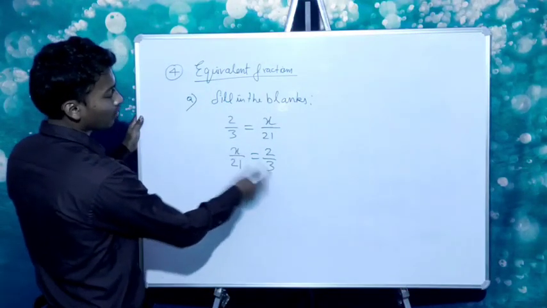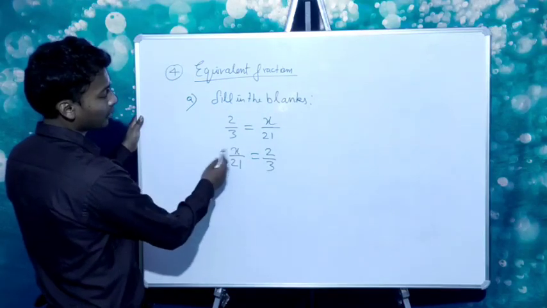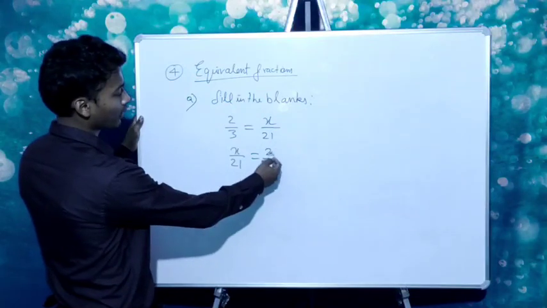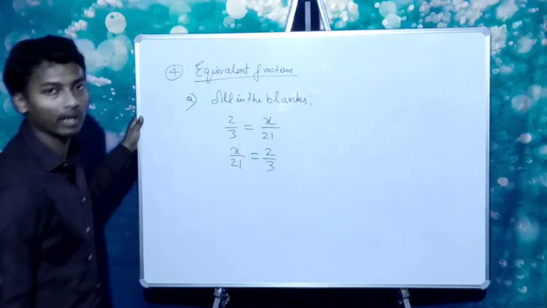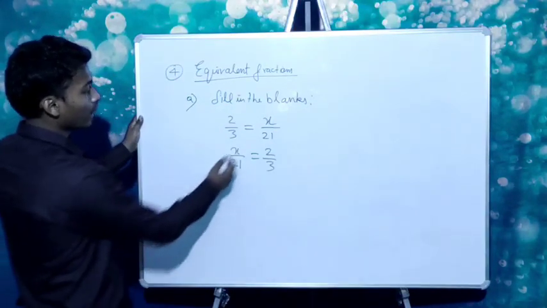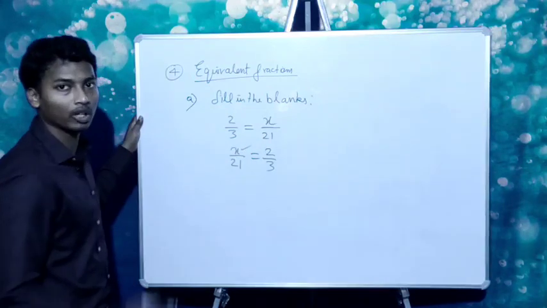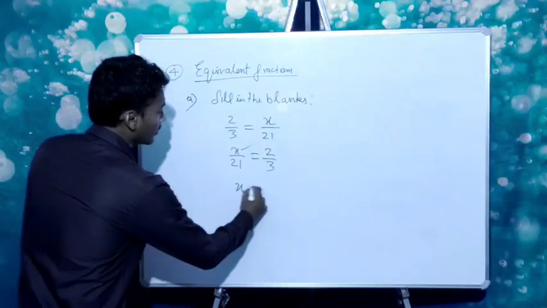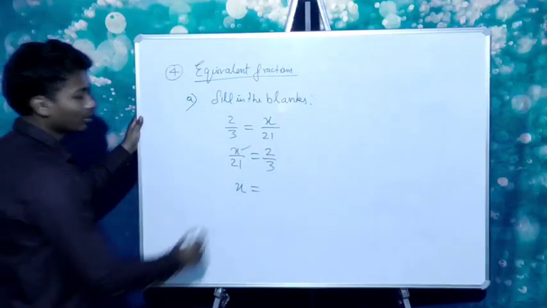Here if I cross multiply on both sides, if I multiply this numerator by this denominator, it will be 3x. If I multiply this numerator by this denominator, it will be 2 into 21. But we have to find the value of x, so it's better we make x the subject of the formula. Leave x as it is.